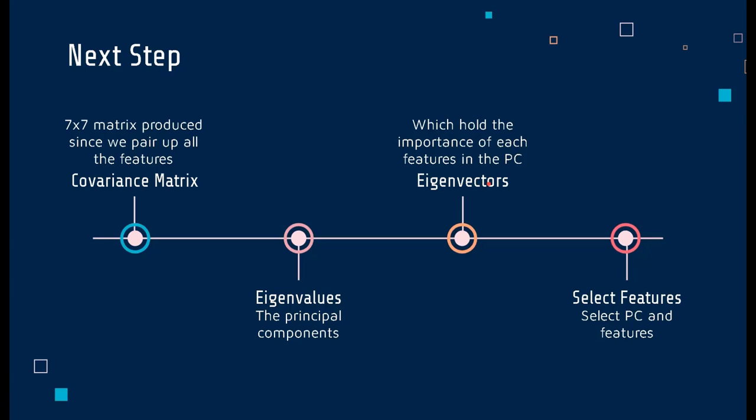This will be explained later. And finally, we select features. First, in order to select features, we will select the most important principal components, and then we select the most important features inside the principal components.